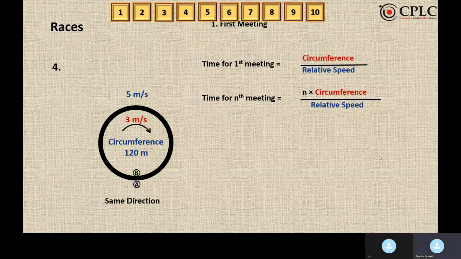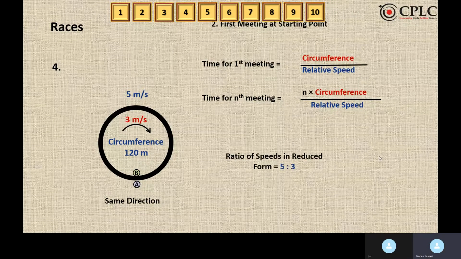For the second question, we will again make use of a formula. So as you can see on the screen, time for nth meeting is equal to n into circumference upon relative speed. Now, first meeting at the starting point. We know that ratio of the speeds is 5 is to 3. So at how many points are they going to meet?